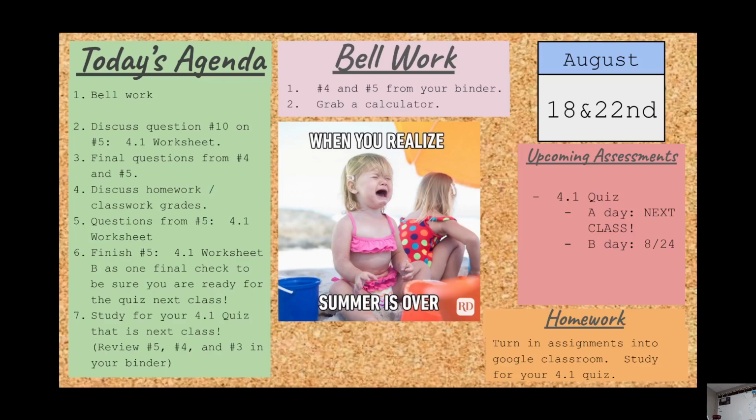So the first one is number 3, the 4.1 notes. And that is due before class starts on Thursday, so that will be 11:35.